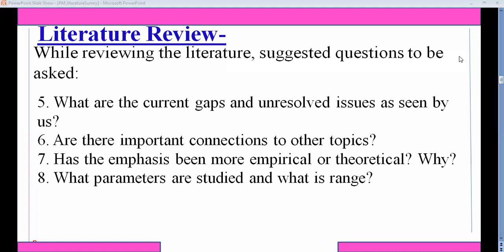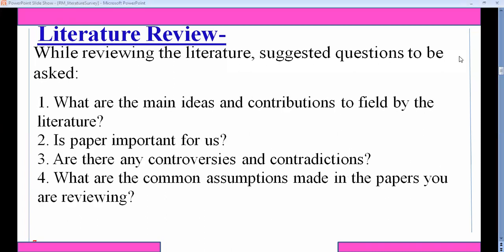So we have seen what questions are to be asked. I will just repeat, because the meeting will close soon, what questions we have to ask. What is the main idea? What is the contribution of the paper? Whether the paper is important for us. If it is important, keep it, or discard the paper.